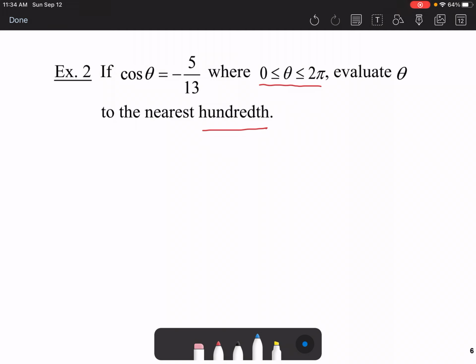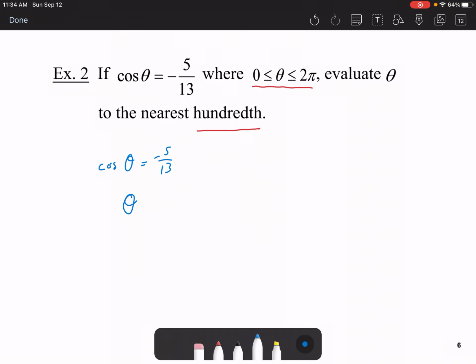Okay, so what I'm going to do is rewrite this. And to get rid of a cosine on the opposite side of the function, you take a cosine inverse. This is the inverse function of this.